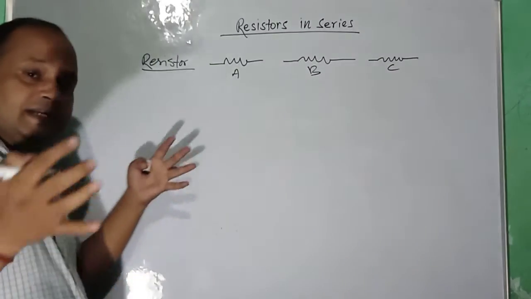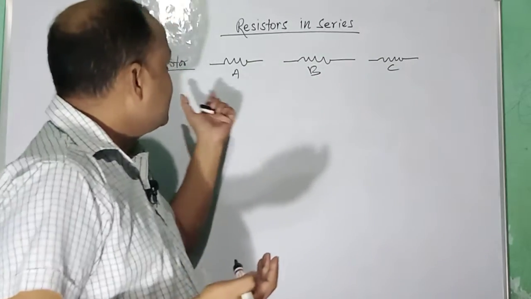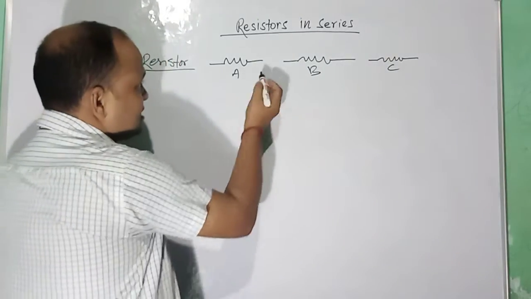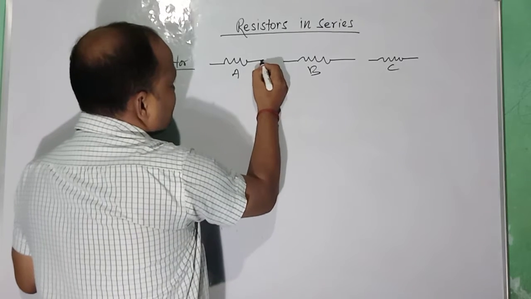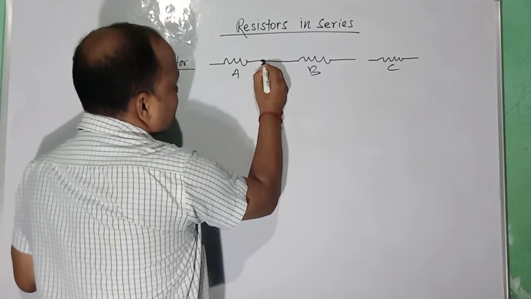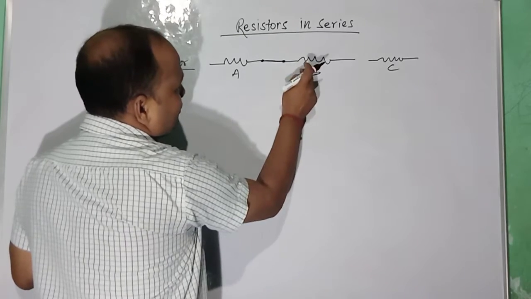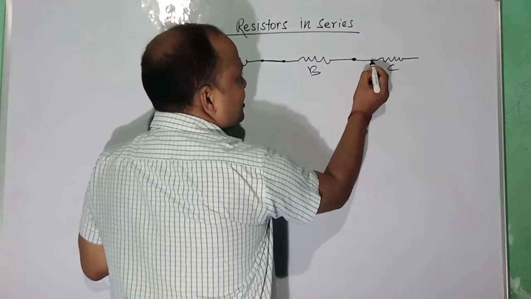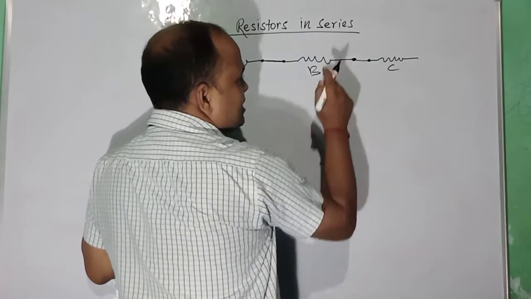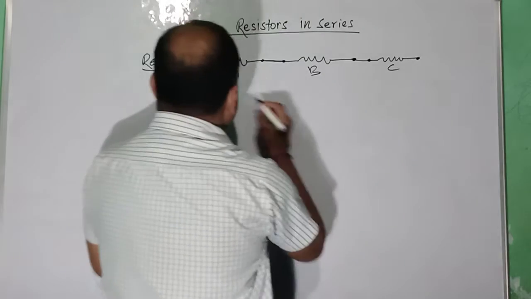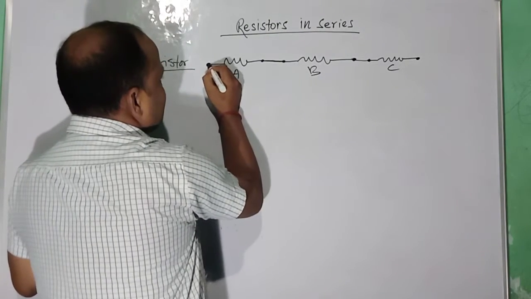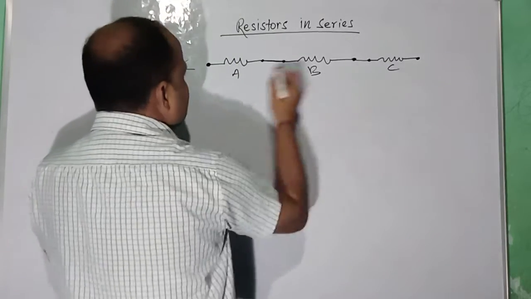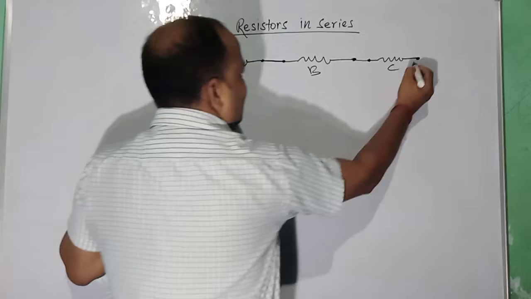In what way should these resistors be connected so that it can be said that they are in series? It is very simple to understand. Just connect them end to end. This end of resistor A should be connected to another end of resistor B. This end of resistor B should be connected with this end of resistor C. Now this end of resistor C and this end of resistor A, you can connect like this.